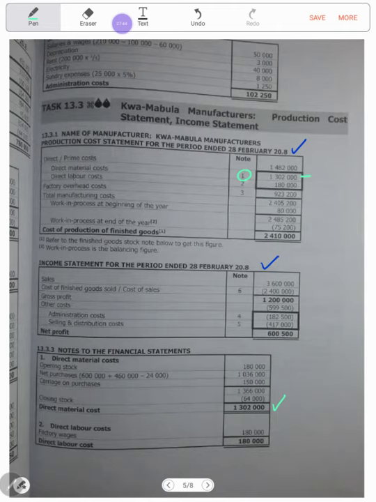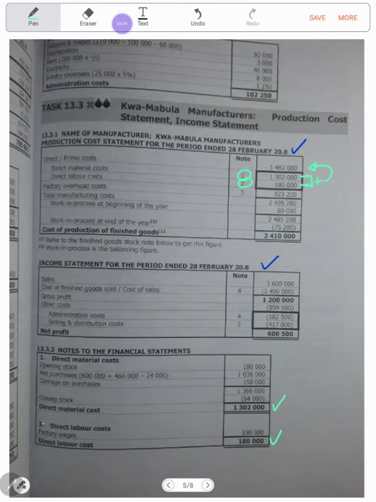Direct labor costs, we've taken it from note number 2 over there. The total is 180,000 and I've placed it over there. The sum of note 1 and note 2, I'm going to add it. It's going to give me the figure known as prime costs, direct costs or prime costs. It is the sum of direct material costs and direct labor costs.